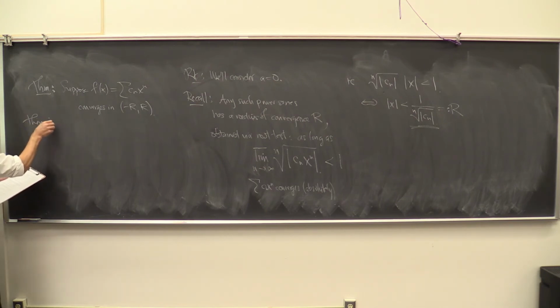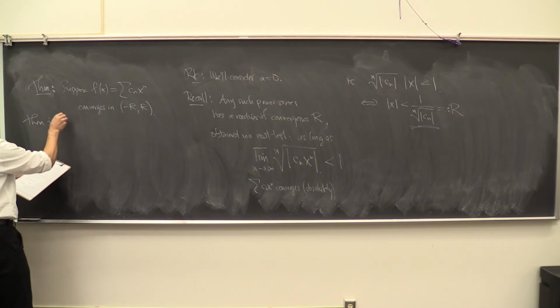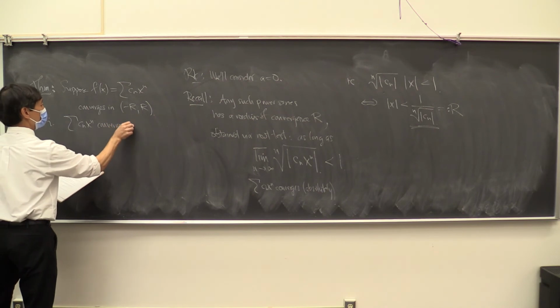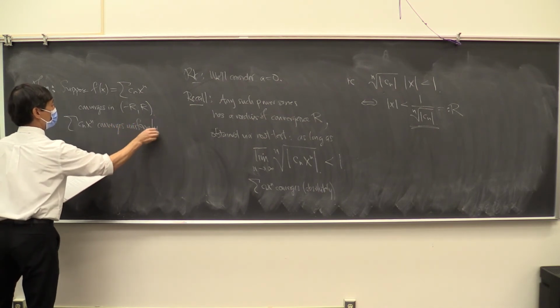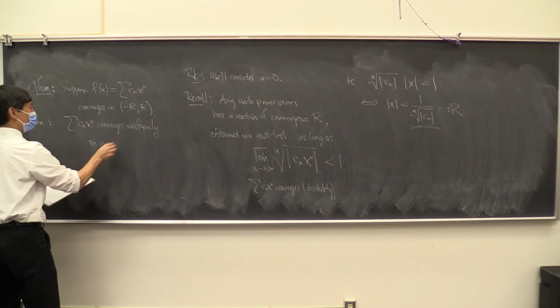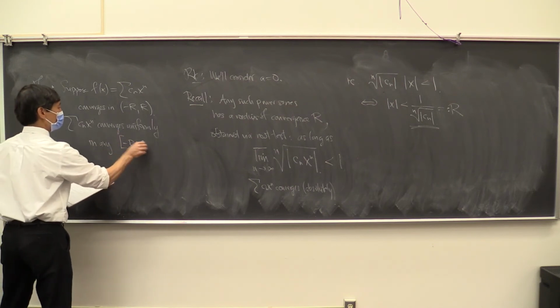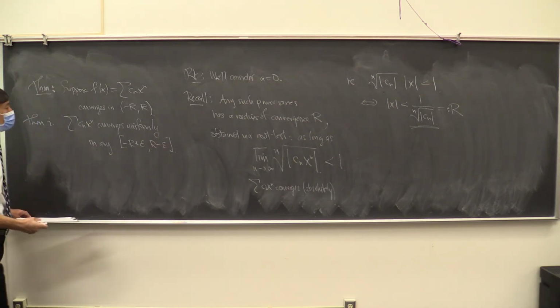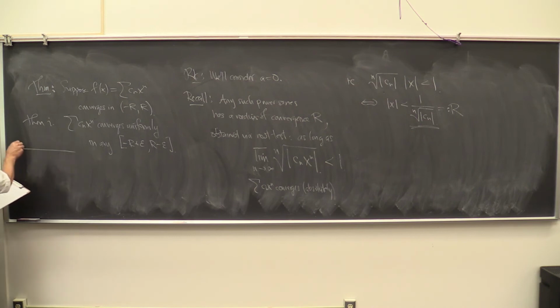Then the series converges uniformly in any closed interval [-R+epsilon, R-epsilon]. So you have your radius of convergence, and if you take any closed interval contained inside there, then you've got uniform convergence on that closed interval.